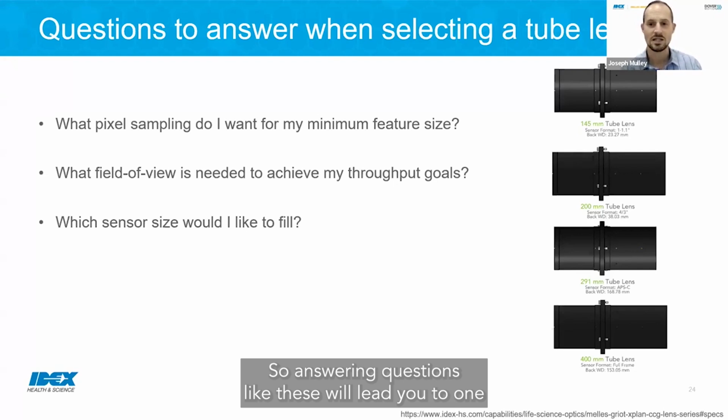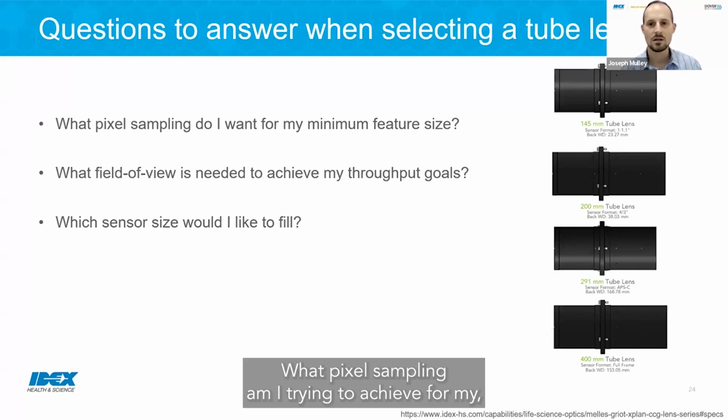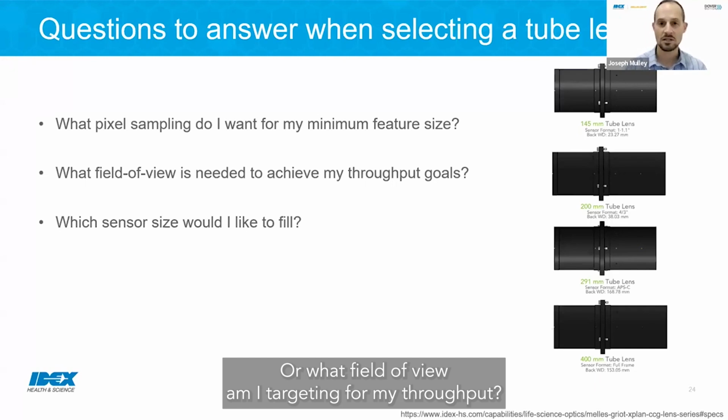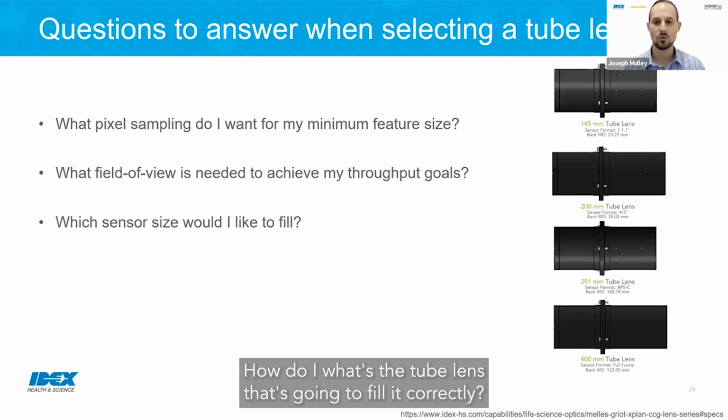So answering questions like these will lead you to one or another of our XPLAN tube lenses. What pixel sampling am I trying to achieve for my resolution limit, my minimum feature size? Or what field of view am I targeting for my throughput? Or it could just be something simple like, hey, I already have a sensor. What's the tube lens that's going to fill it correctly?